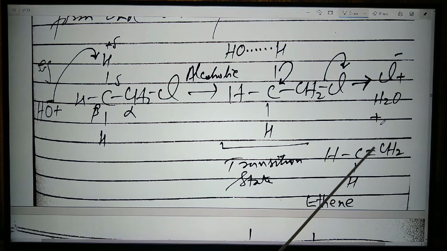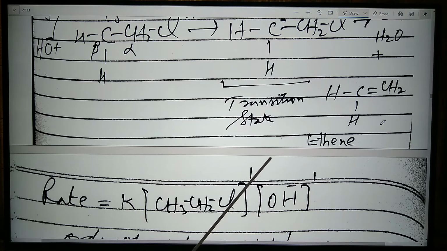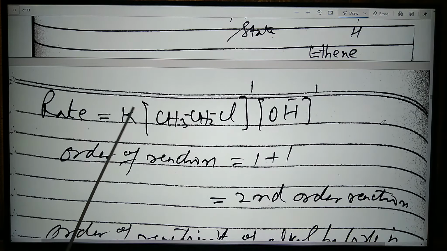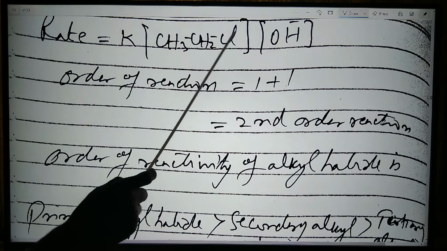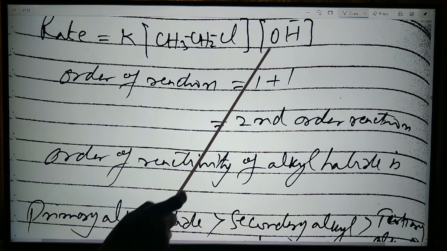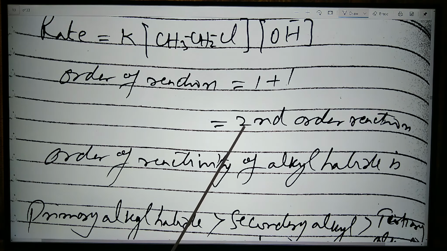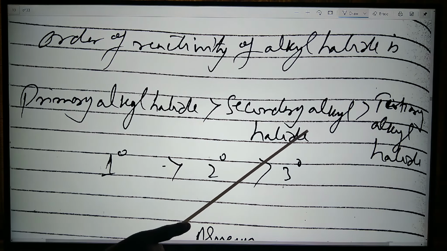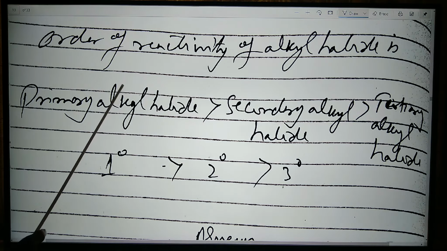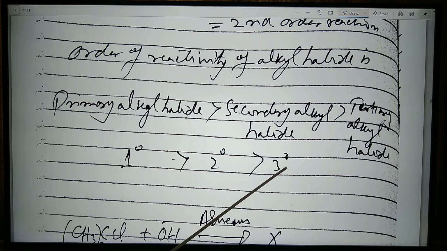Therefore, we have ethene. In this case, the rate of reaction is written as k[CH3CH2Cl]^1[OH]^1. So 1 plus 1, that is second order. So the order of reactivity is primary alkyl halide greater than secondary, greater than tertiary. So it is again 1 degree, 2 degree, and 3 degree.